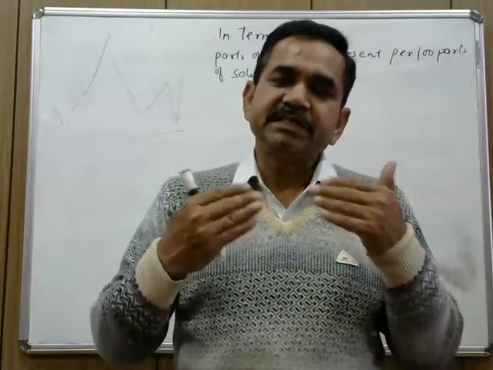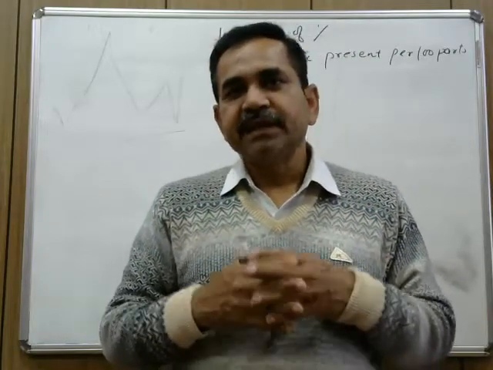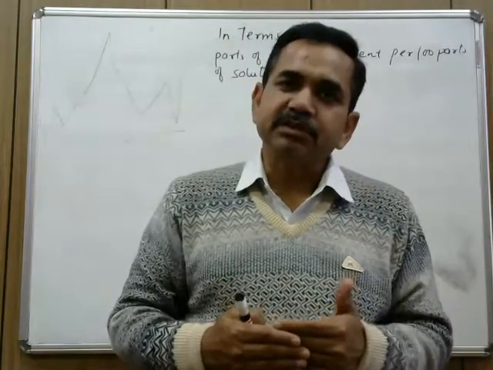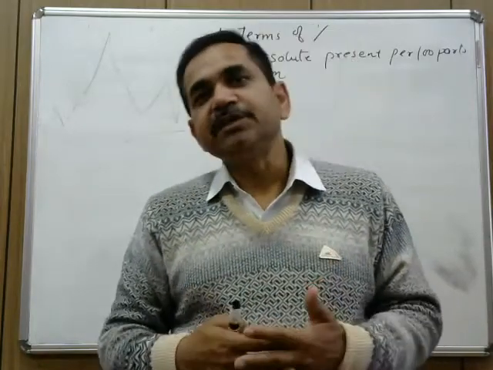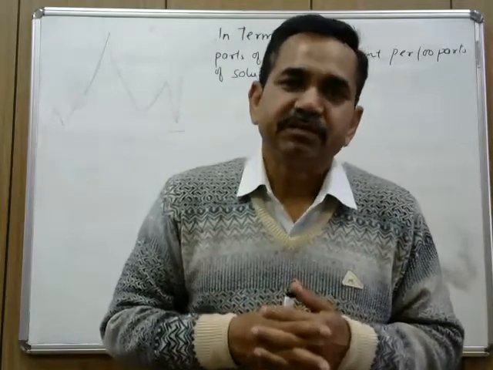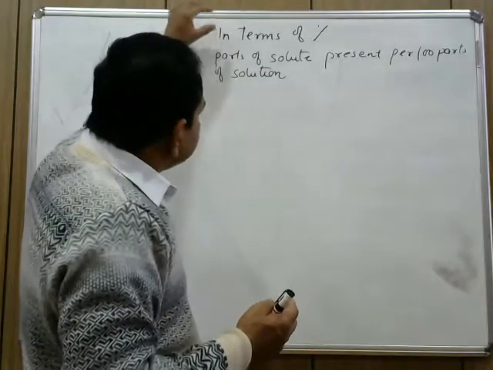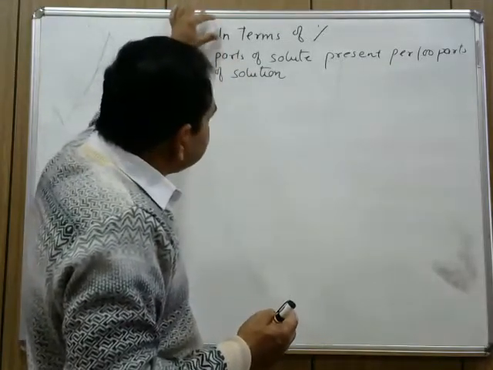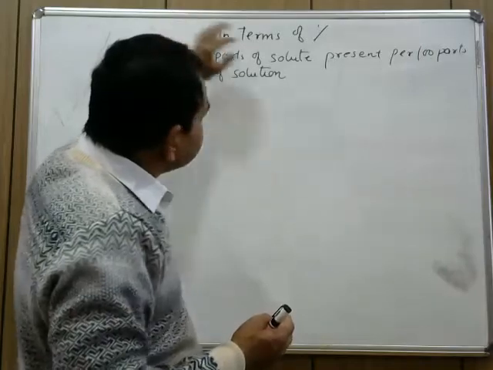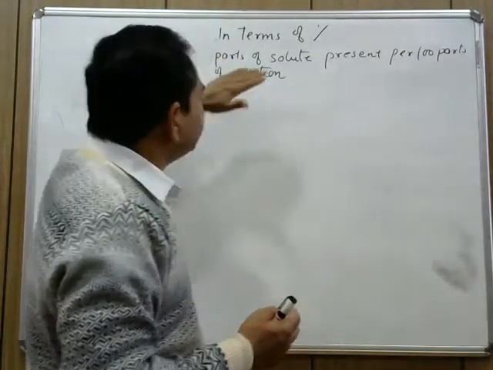For example, where 6% by volume is written, that means out of every 100 ml of solution, 6 ml of solute is present and 94 ml of solvent is present. So percentage concentration of a solution refers to the parts of solute present per 100 parts of solution.